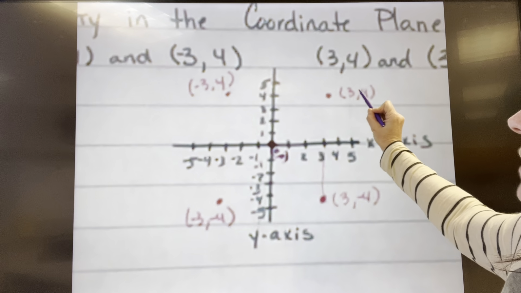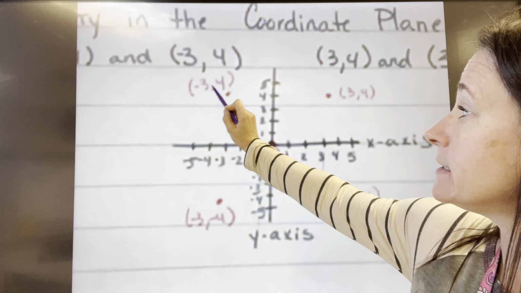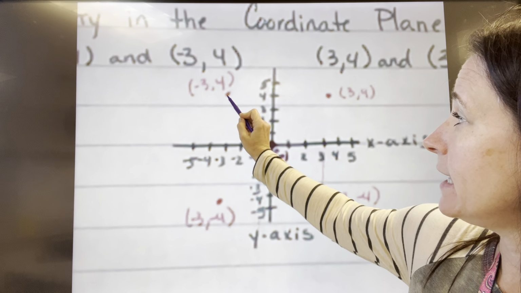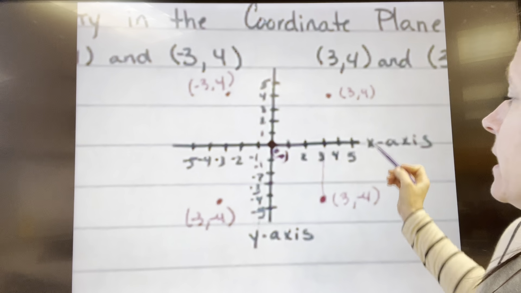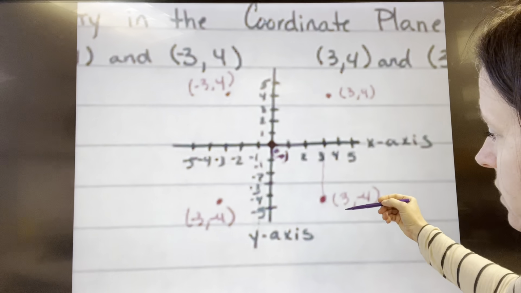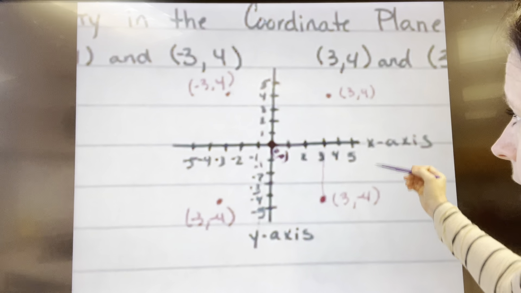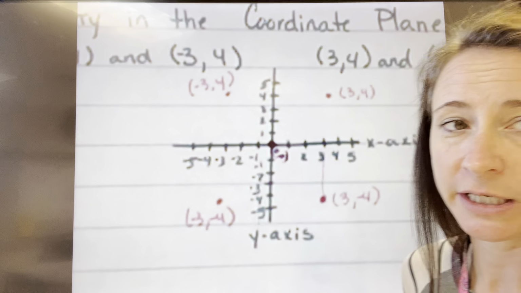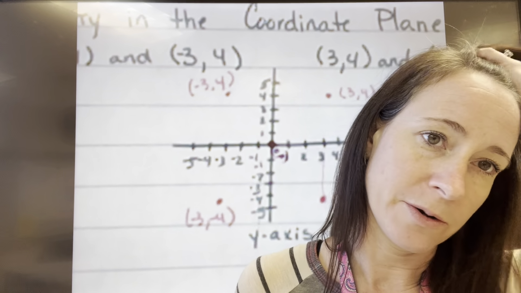All right, so here's your positive x, positive y. Here's the negative, the opposite of the x. And you can see that it's in the same position, but it's in a different quadrant. And then down below, the positive 3 and the positive 4 in the fourth quadrant, I have the opposite of the y coordinate. And then here in the third quadrant, it's the opposite of both of the coordinates in your ordered pair.